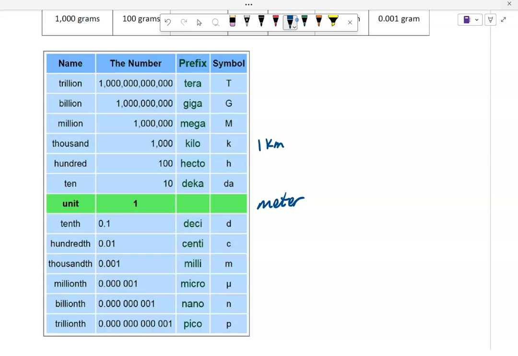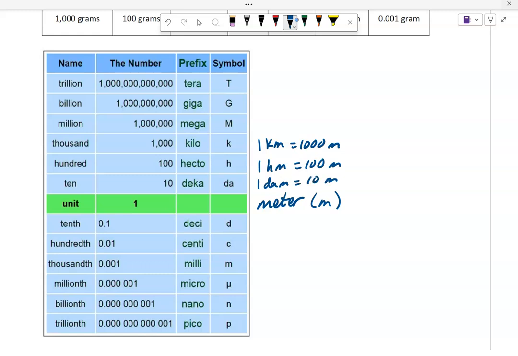So it takes 1,000 meters to make a kilometer. A hectometer would be 100 meters, right? A decameter would be 10. One decameter would be 10 meters.